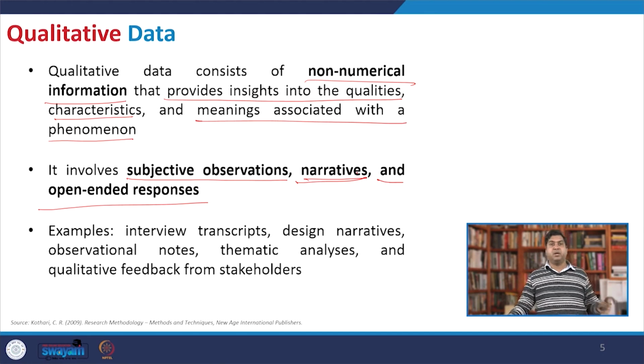Suppose in some kind of ethnographic study that we discussed initially, we'll discuss more with examples in upcoming lectures, to demonstrate a particular activity you make a narration. This is a narrative type, and that information is also helpful in some cases where you show how people react to a cultural value or something.